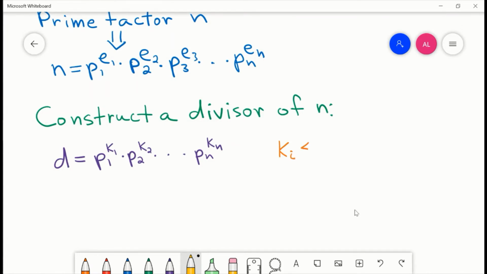This really is kind of the definition of a divisor. And just note that all the k_i's, k2 for instance, it's less than or equal to e2, but it's bigger than or equal to 0. It can be 0 for instance, right? For instance, if we have 6, which is 2 to the power of 1 times 3 to the power of 1. In this case, p1 is 2, e1 is 1, p2 is 3, and e2 is 1.